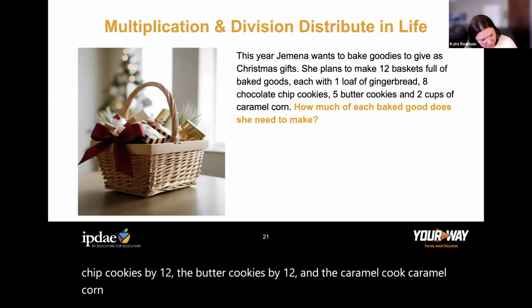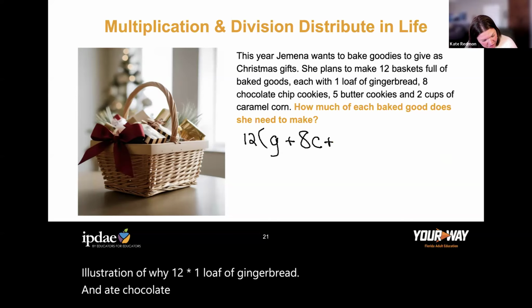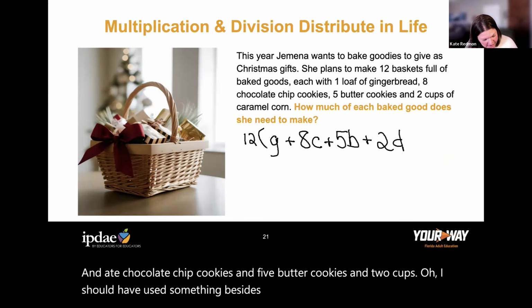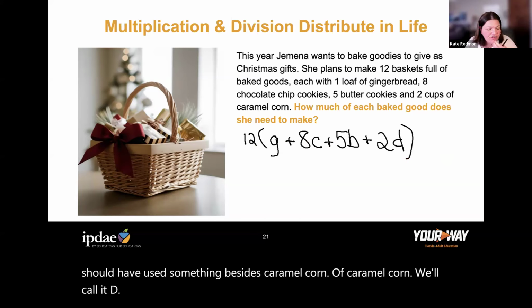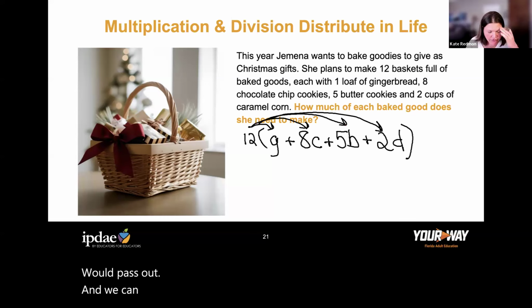And that's a beautiful illustration of why 12 times one loaf of gingerbread and eight chocolate chip cookies and five butter cookies and 2 cups of caramel corn, oh, I should have used something besides caramel corn, we'll call it D, would pass out. And we can see that it relates right to the real world.